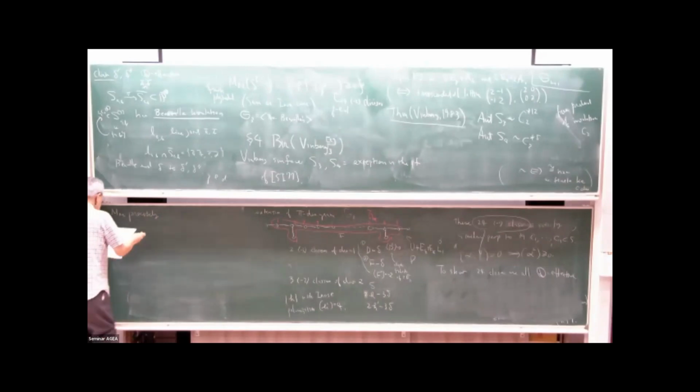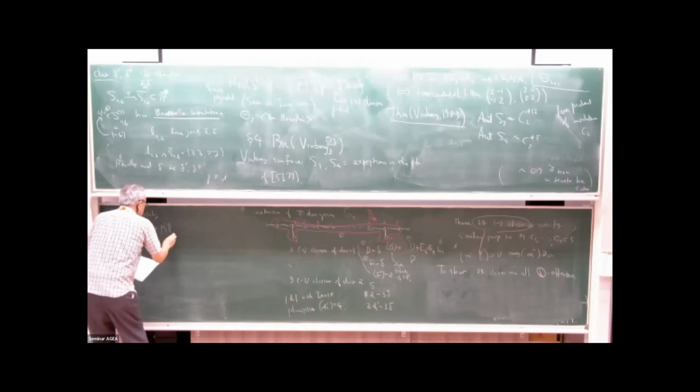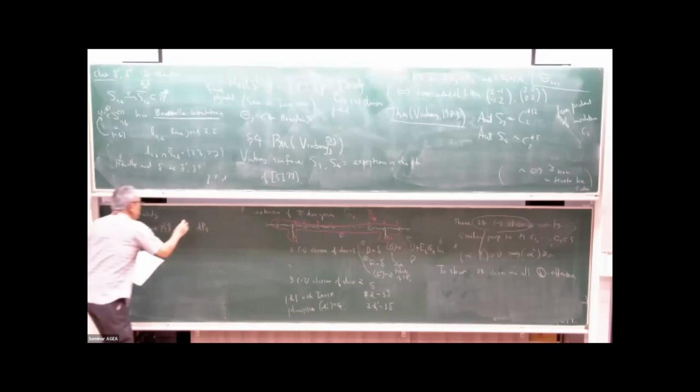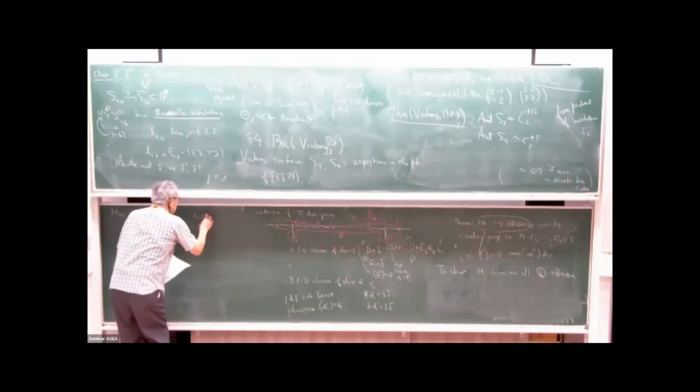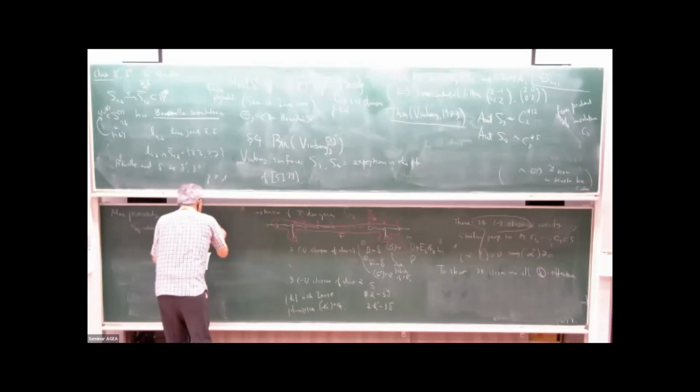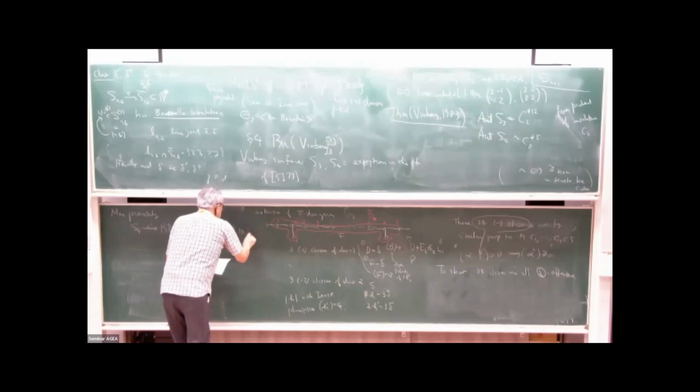So let me first describe S4. S4 is a double cover of the blow up of 5 points of P2. So this is a quintic del Pezzo surface, a double quintic del Pezzo surface. And the branch is a union of all the lines, 10 lines minus k lines.